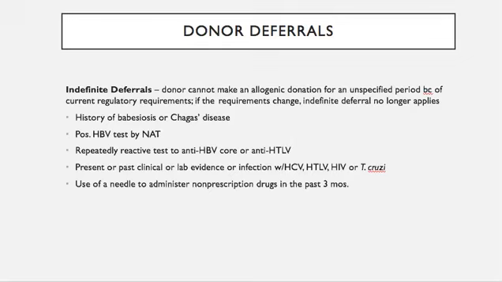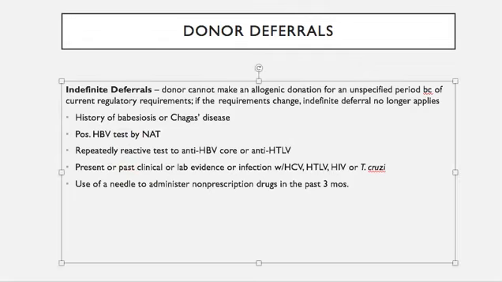Okay, and then the next category of deferrals is indefinite deferral. The donor cannot make an allogenic donation for an unspecified period because of some type of current regulatory requirement. So if the requirements change, that indefinite deferral would no longer apply.